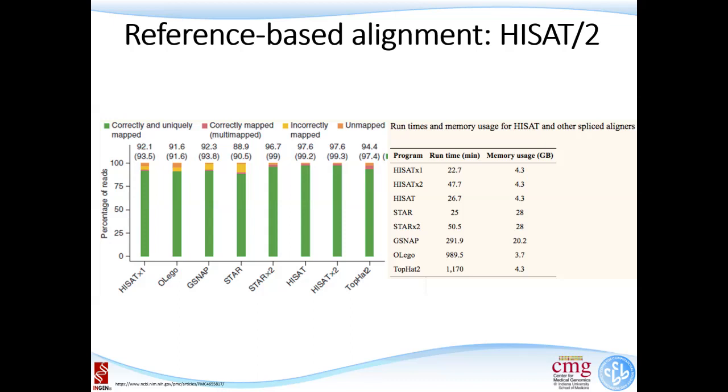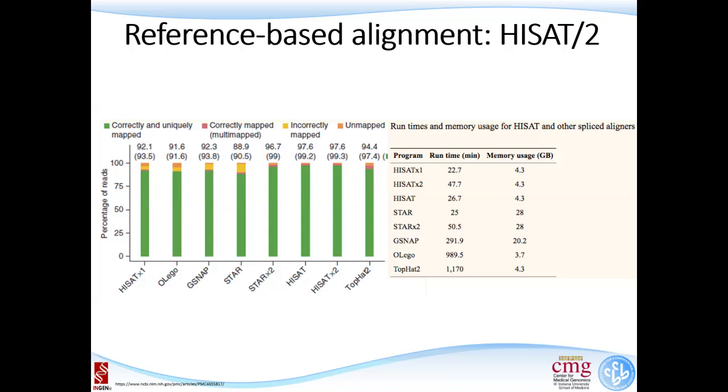The biggest thing from this comparison that I want to draw your attention to: while TopHat2 still performs well, HISAT2 over here is the best, and it's approximately similar to STAR two-pass mapping. A lot of people still use STAR and HISAT, and I think they're both very viable.